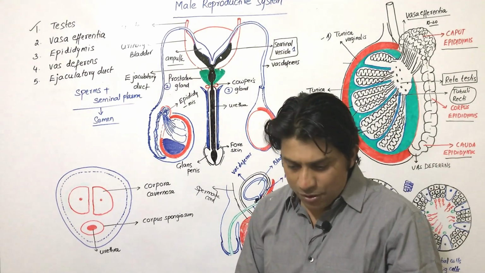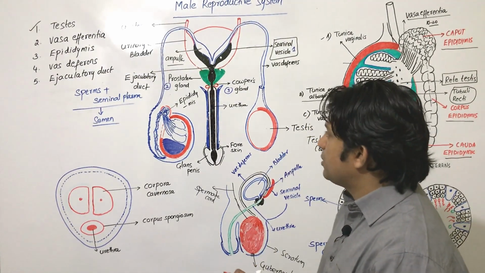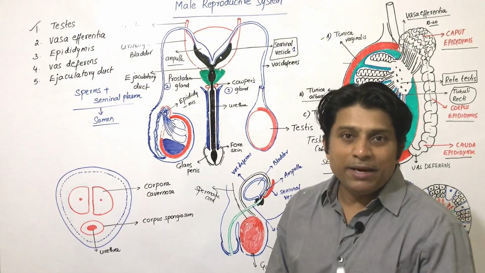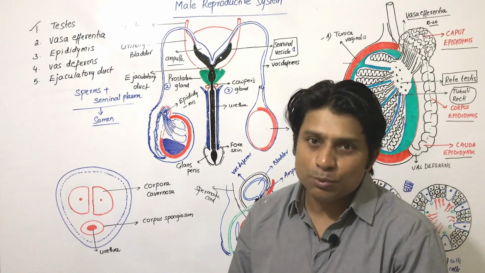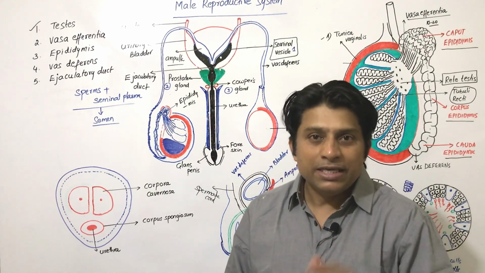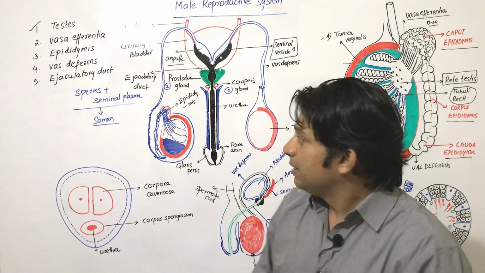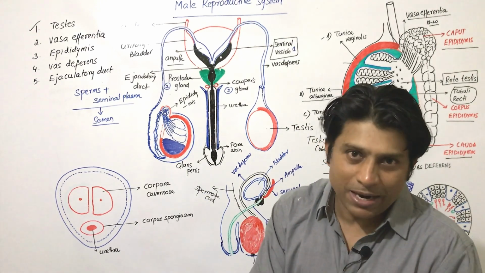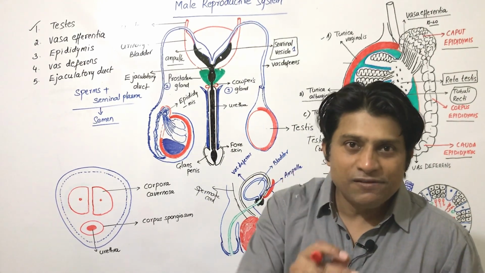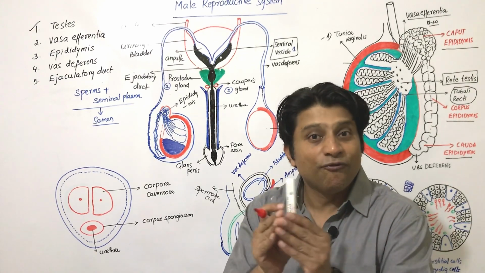Seminal vesicles are one pair, and they secrete seminal fluid, because in the seminal vesicles there is glandular tissue involved in the secretion of seminal fluid. Remember, the entire gland secretion is called seminal plasma, and exclusively the secretion of the seminal vesicle is called seminal fluid.